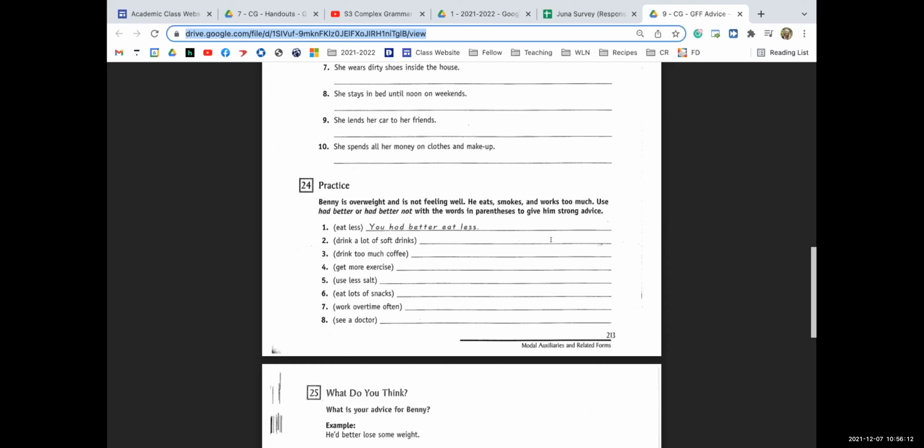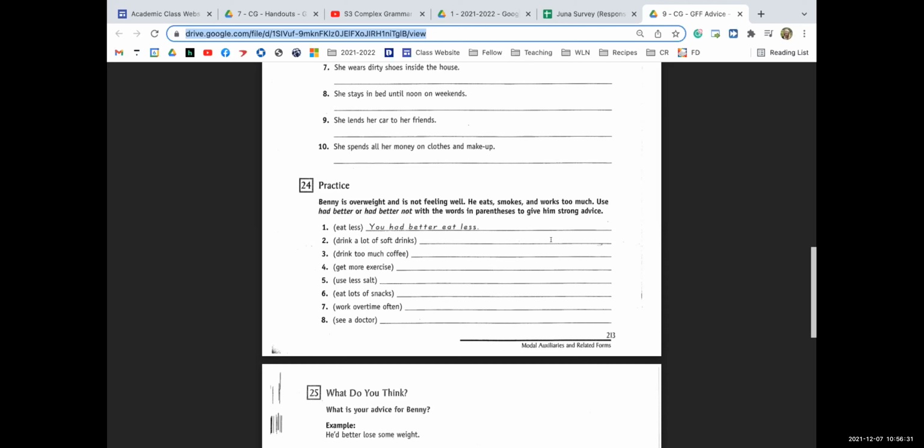And get more exercise. You had better get more exercise. Use less salt. You had better use less salt.